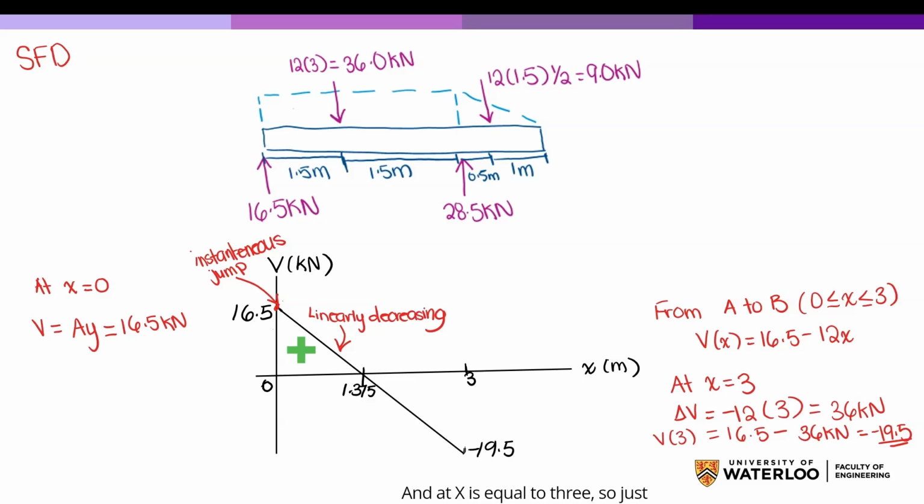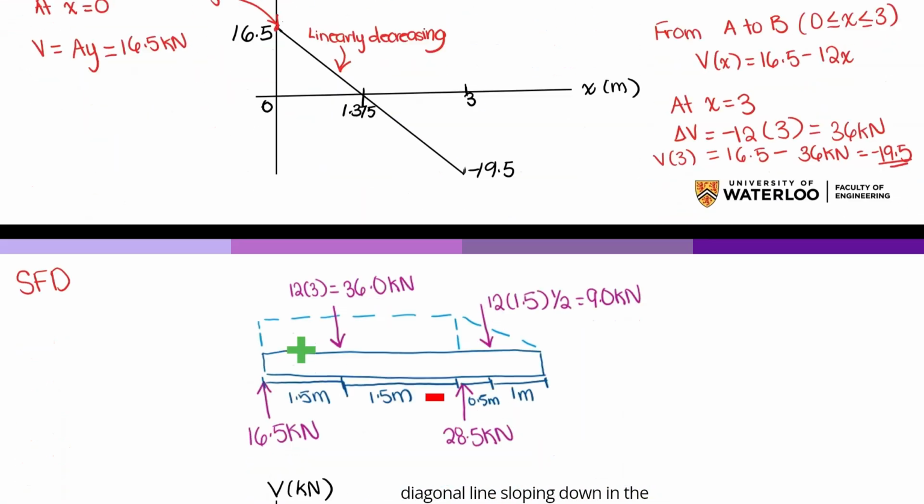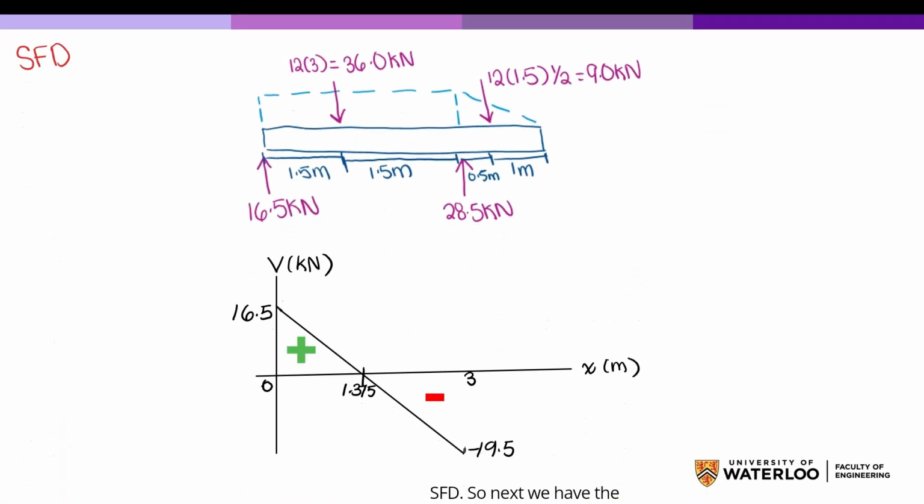And at x equal to 3, just before B, the shear force is equal to negative 19.5 kilonewtons. So it's linearly decreasing shear from 16.5 kilonewtons to negative 19.5 kilonewtons between A and B due to the UDL. And this shows a straight diagonal line sloping down in the SFD.